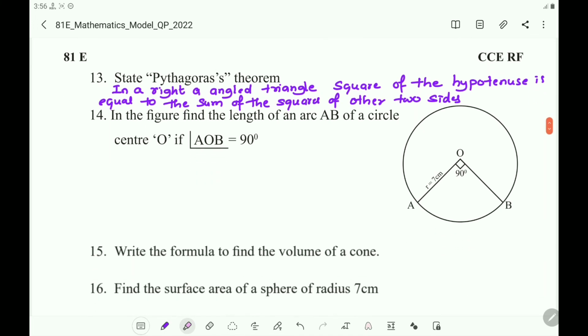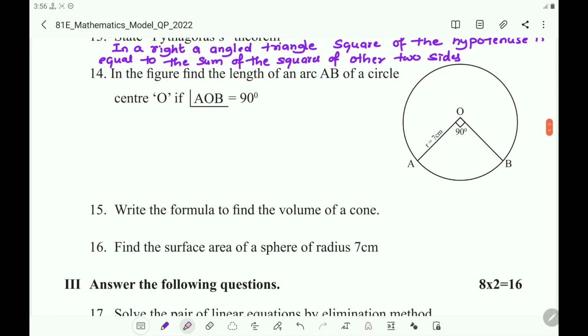Now let us take question number 14. In the figure, find the length of the arc AB of a circle with center O if angle AOB is equal to 90 degrees. Here we have to find the length of the arc. You know there is a formula to find the length of the arc.